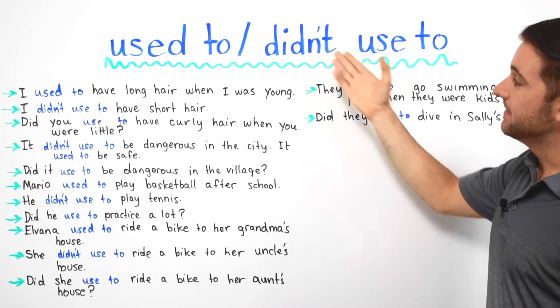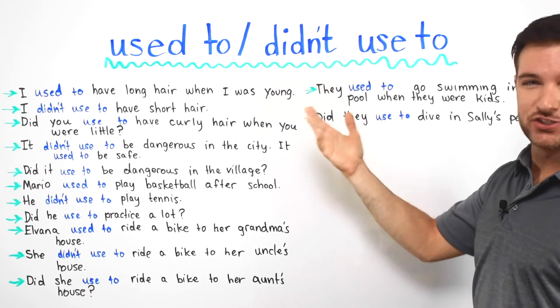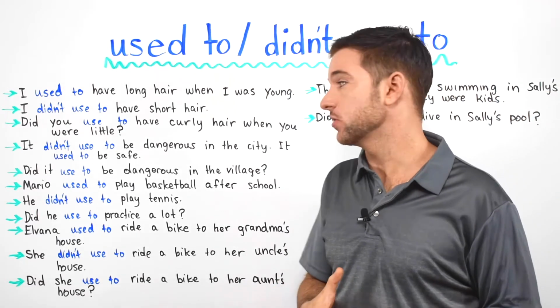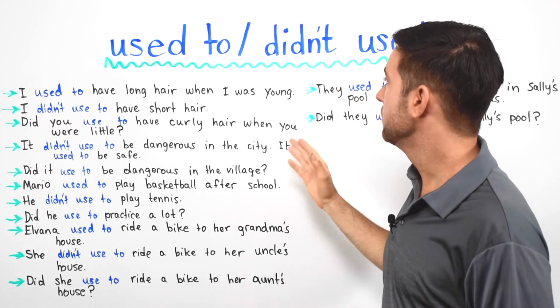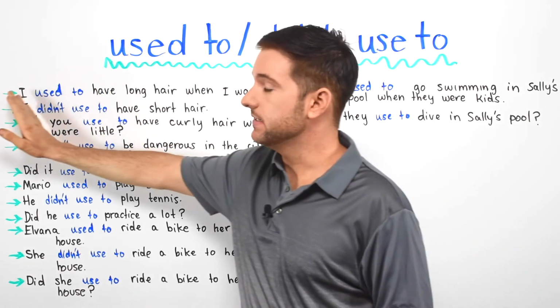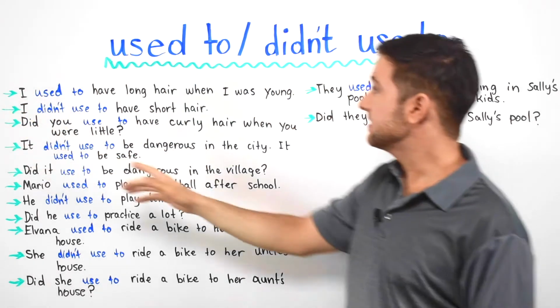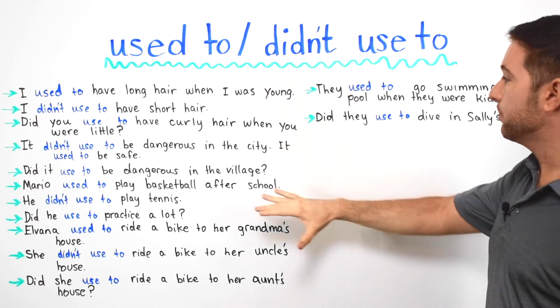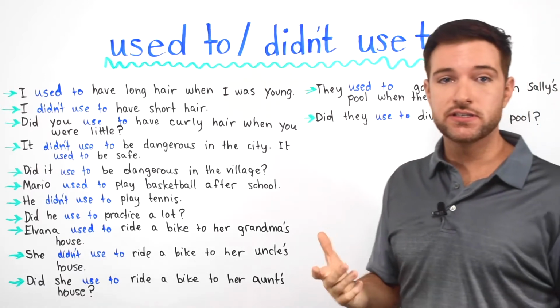The same is true for when you make questions using the word did in the beginning. So we'll put did at the beginning of the phrase. In that case, you would also use use. So in these examples here, guys, you can see the difference.